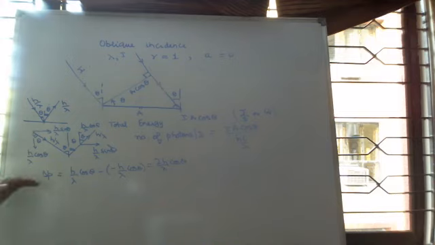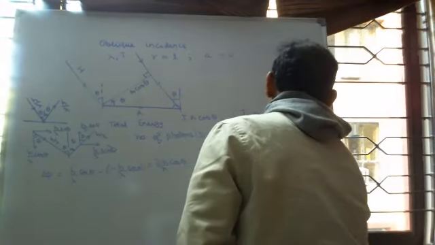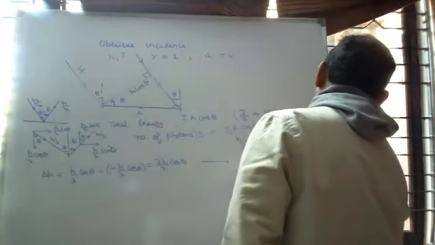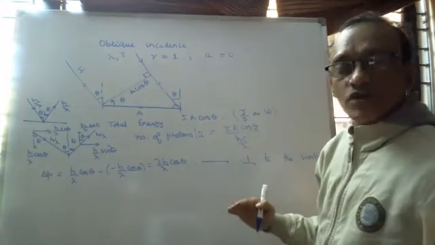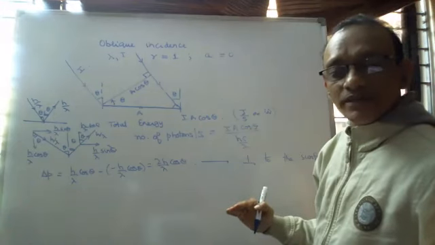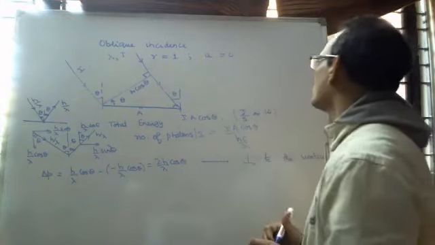And this is perpendicular to the surface. So the force will also be perpendicular to the surface. If the change in linear momentum is perpendicular to the surface, the force will also be perpendicular to the surface. Yes or no?